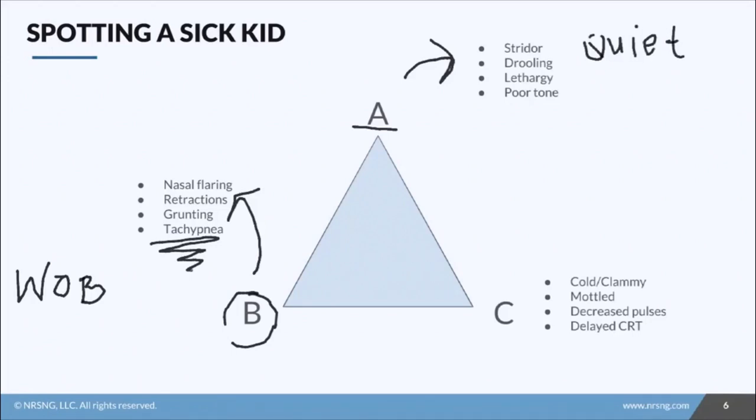All right, so C stands for our circulation assessment. And for this part, you've got to get your hands on your patients. We need to be feeling their arms and their legs. Are they cold, cool, clammy? And the next most important thing is probably checking that capillary refill. And you should be checking this almost first thing on every single patient that you see. We expect capillary refill to be less than 2 seconds.